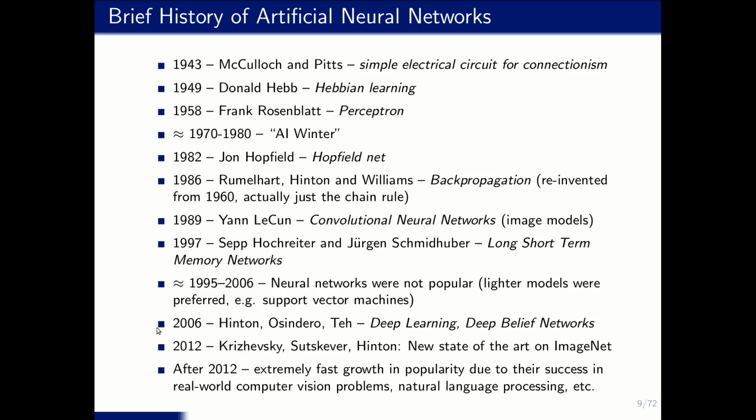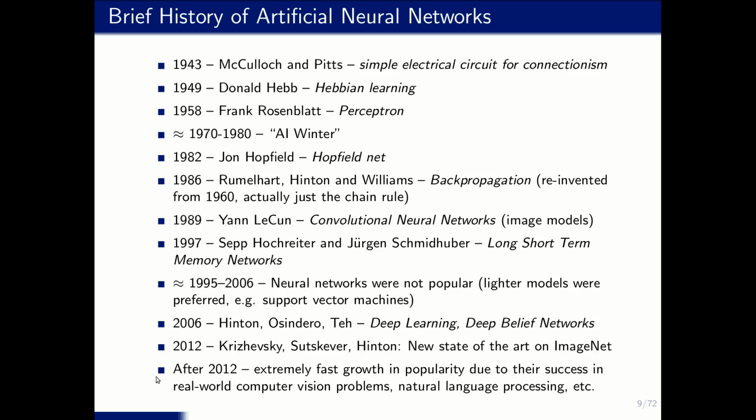In 2006, neural networks had kind of a comeback due to the paper by Hinton et al., where they proposed deep belief networks, a way to train deep neural networks. In 2012, there was a famous paper which set a new state of the art in image recognition on the famous image benchmark ImageNet.